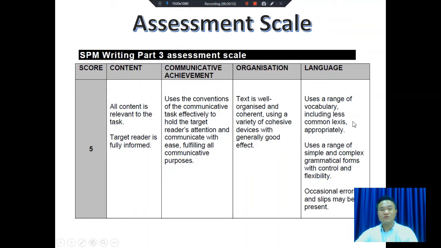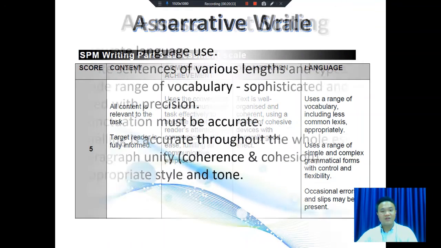Now for language, of course, we talk about the grammar, the vocabulary, and your language awareness. Of course, whether you can use a range of simple or complex grammatical forms with control and flexibility, and whether you can use the vocabulary with precision and accuracy in your essay. Okay, so let's look at the next slide.